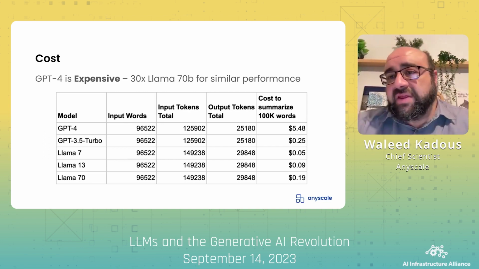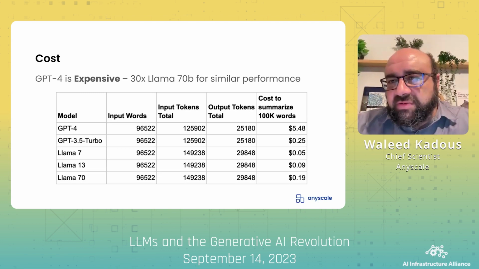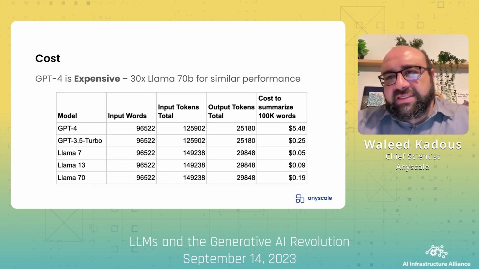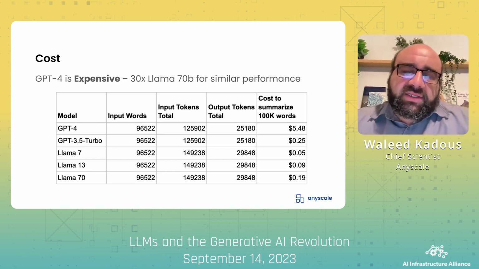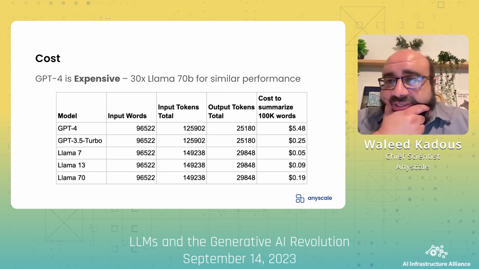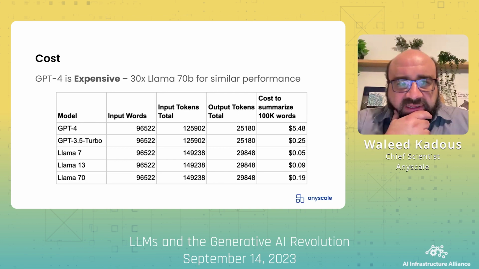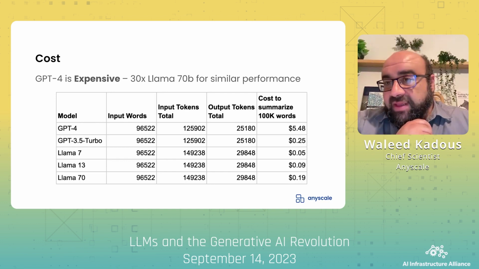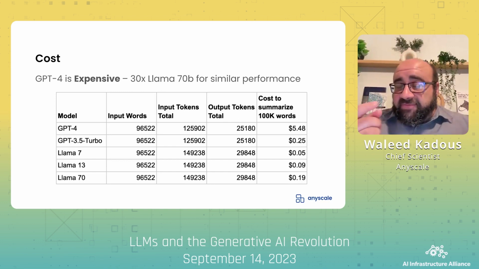So let's say you have 1,000 word documents, you ask the LLM to summarize them. What you'll find is that it's much cheaper to do that when you're using Llama 2 and not GPT-4.